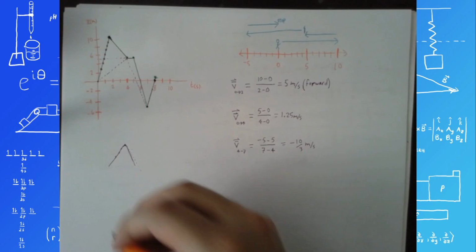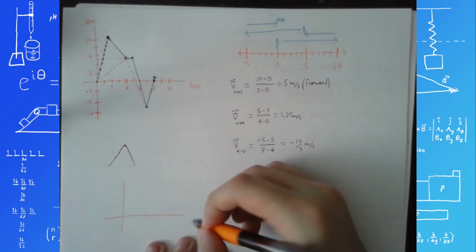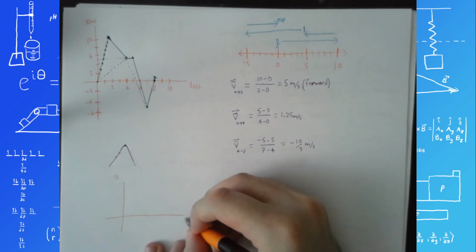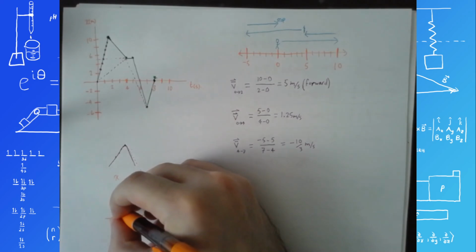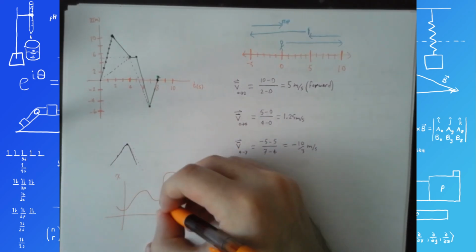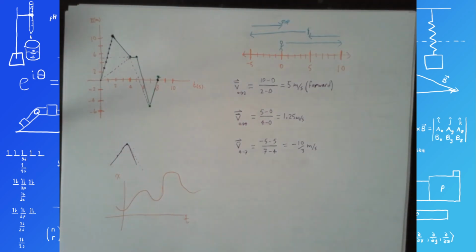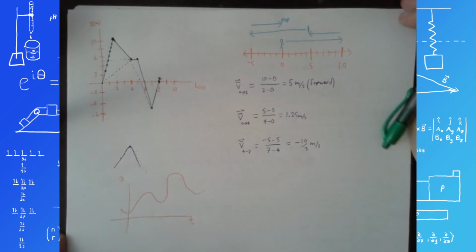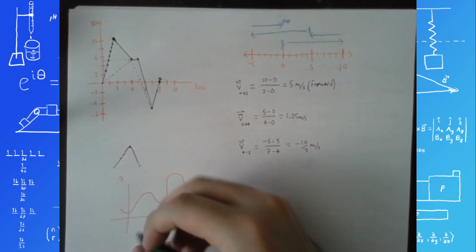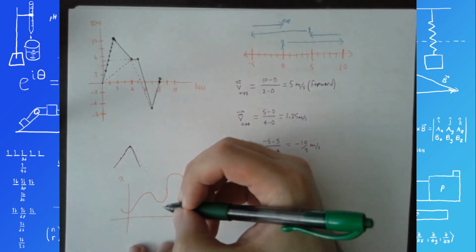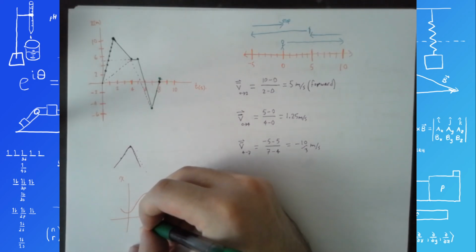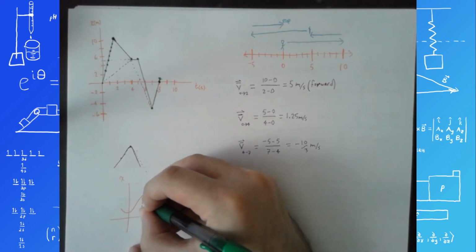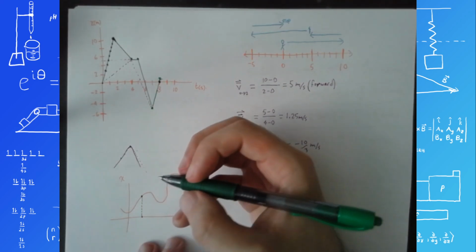But what if you're not on a line? What if you're on a curve? What if your position versus time graph looks like this? Well, then you can still calculate the instantaneous velocity if you are very precise with your measuring equipment, very precise with your ruler, and you just pick your points carefully and really zoom in on them and draw the slope of the tangent line to that point.